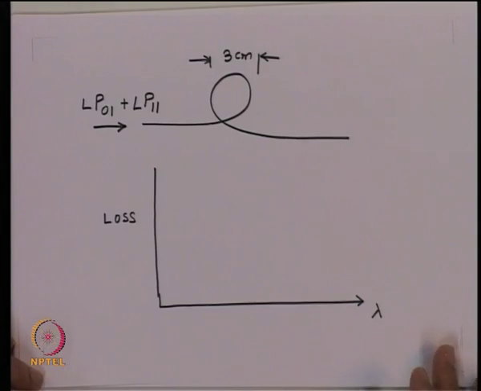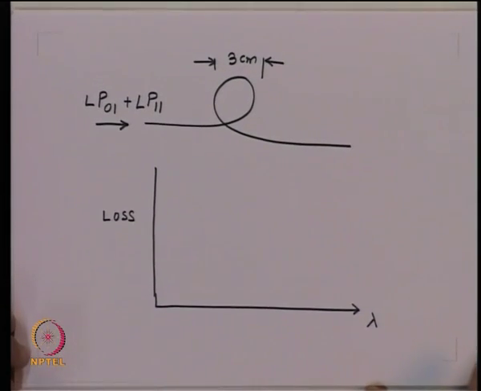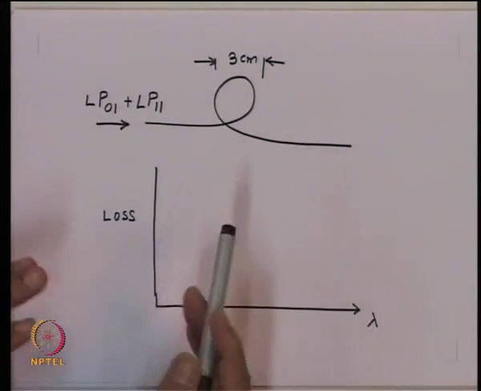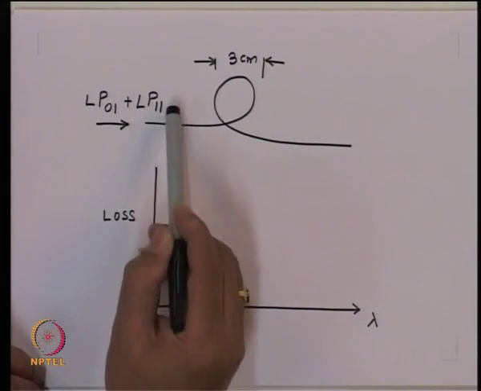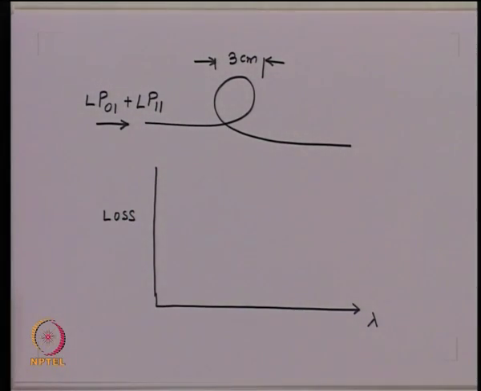As you increase the wavelength and reach a wavelength where the LP11 mode is approaching cutoff, its energy spreads more into the cladding, and because of this loop, that energy is lost very quickly, because we saw that as you bend, if you have more energy inside the cladding, there will be more energy loss.